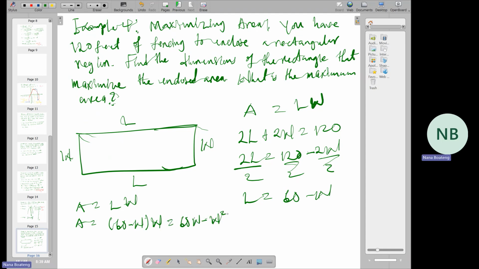So the dimension that maximizes the area occurs at the vertex point. We have to find the maximum of this area function. Since if you compare this to the standard form of a quadratic equation, a is equal to -1, and this is less than 0, so the function has a maximum.